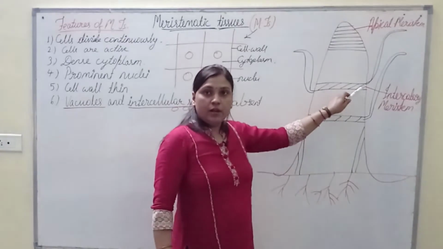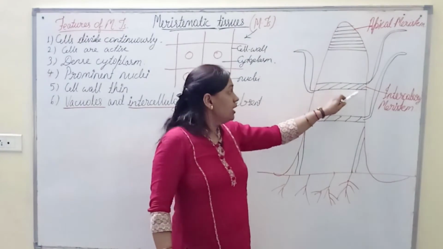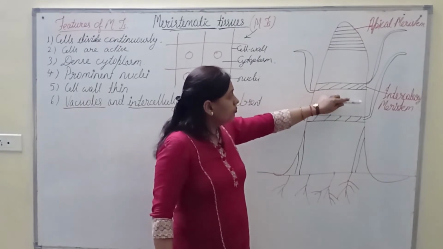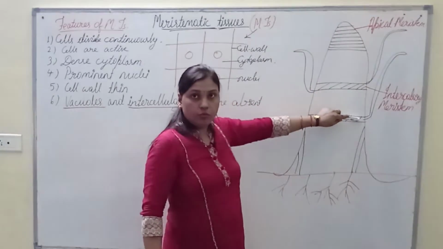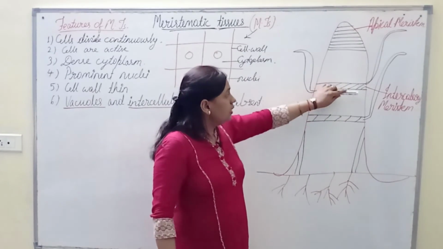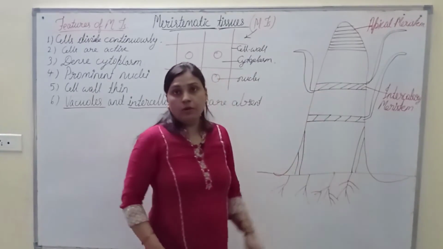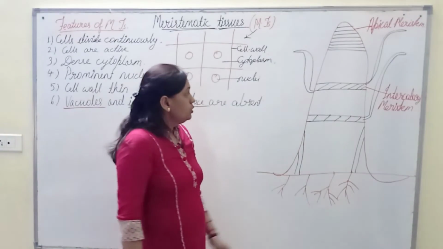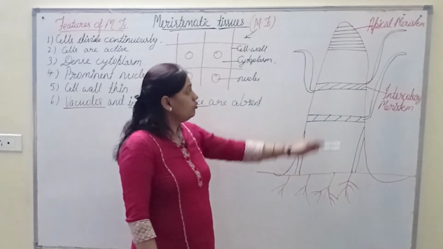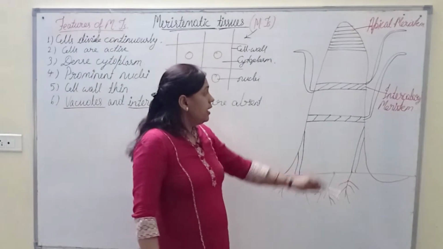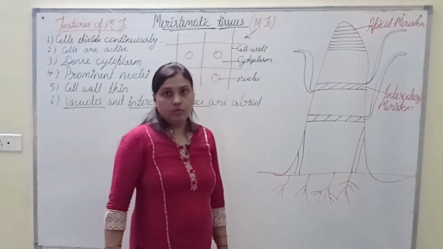This is also a node from where a leaf originates, and the part between two nodes is called the internode. So intercalary meristem is responsible for the growth of leaves, branches and internodes.